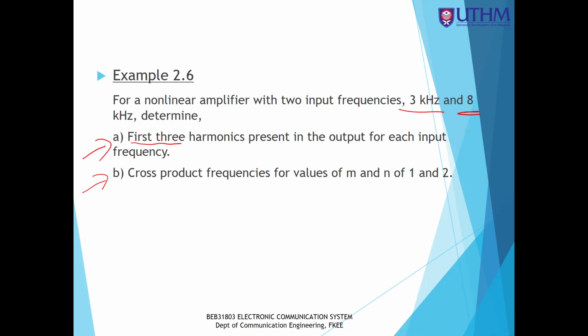Don't confuse with these questions. What it means is that M can be 1 and 2, N can be 1 and 2. So in this case, we have 4 combinations.